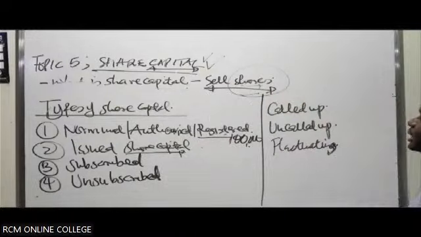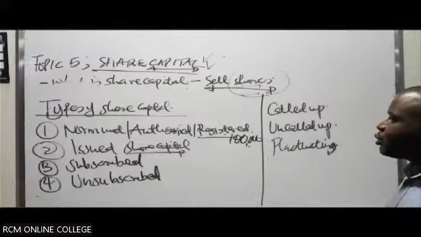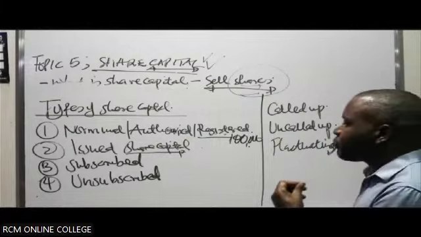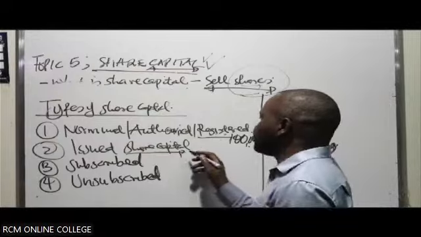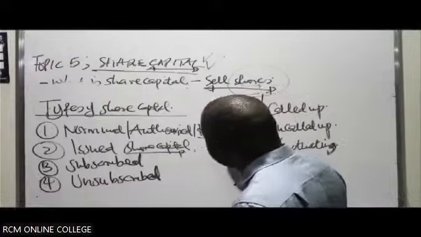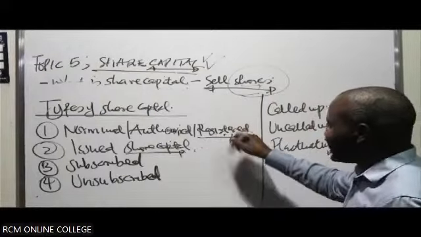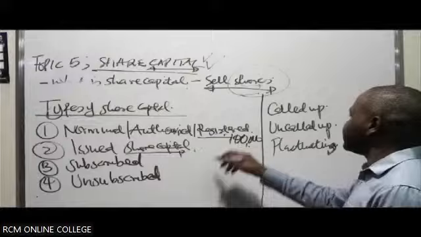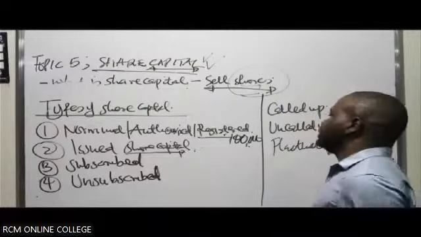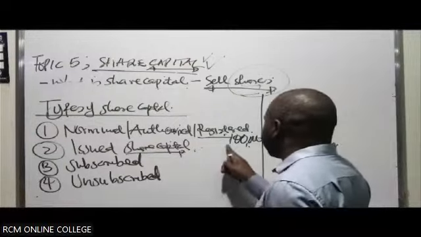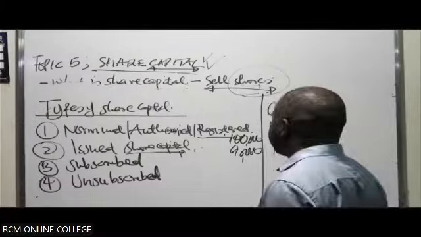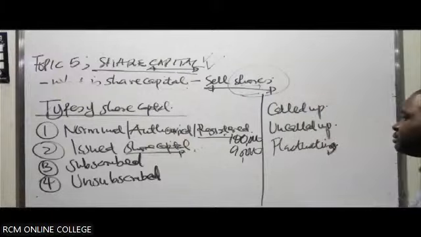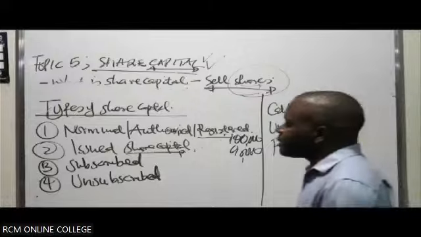It can never be more. Either they issue the whole 100,000, or they issue maybe 90,000. Then the other 10,000 remains unissued.